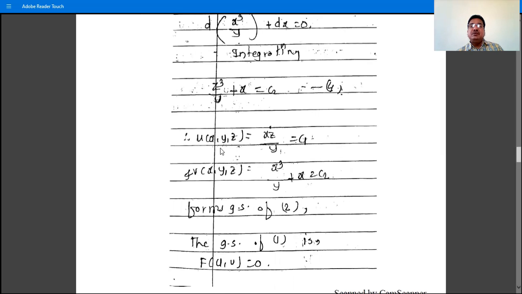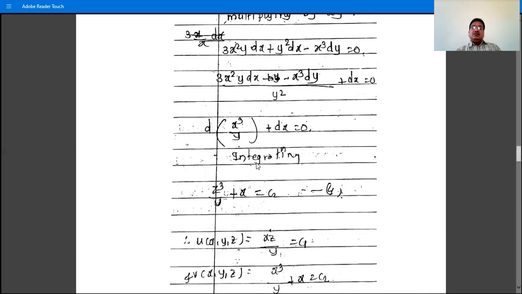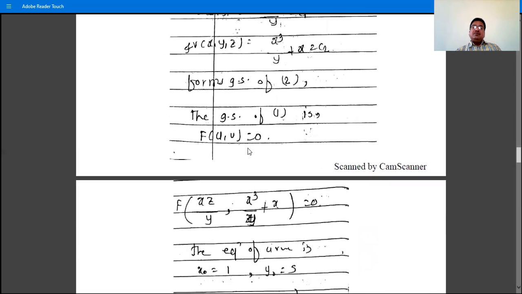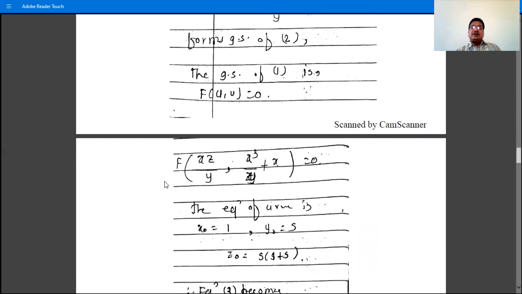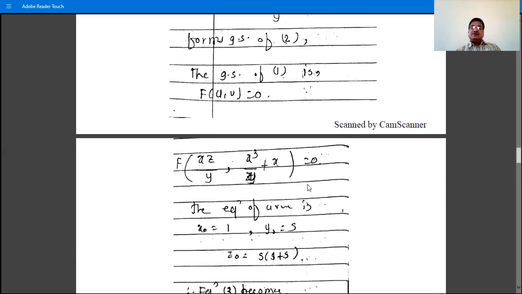Suppose u is xz by y equal to c1, and v is x cube by y plus x equal to c2, and these two form the general solution of equation number 2. Now the general solution of 1 is f of u, v equal to 0, that is f of xz by y comma x cube by y plus x is equal to 0.